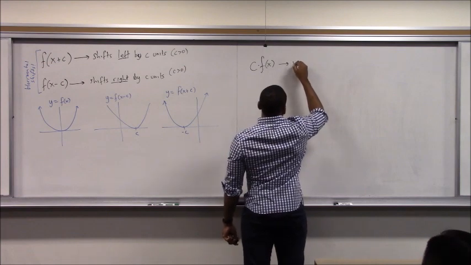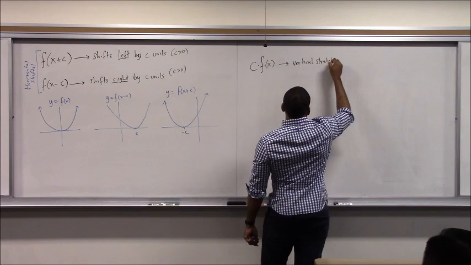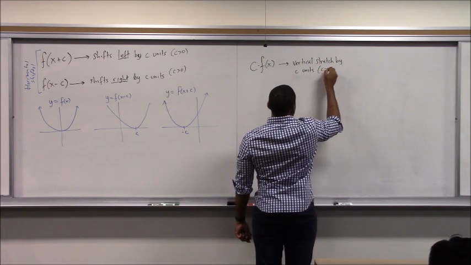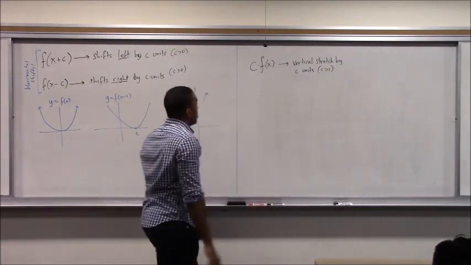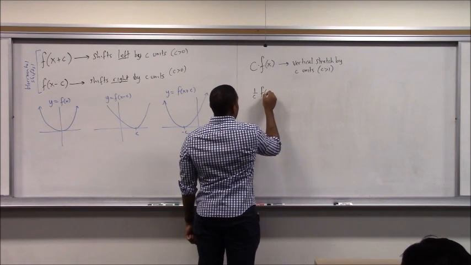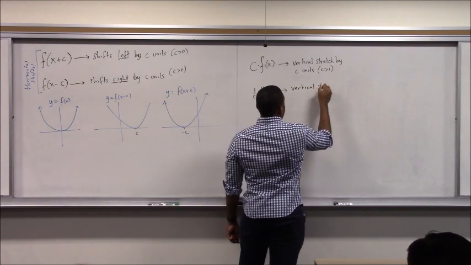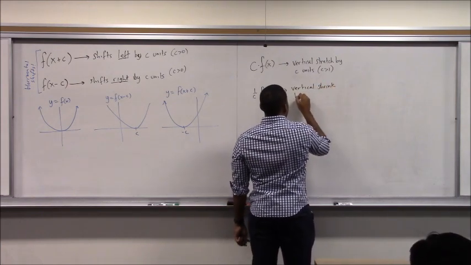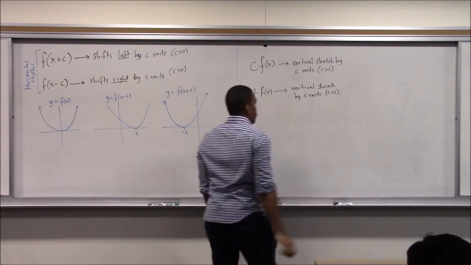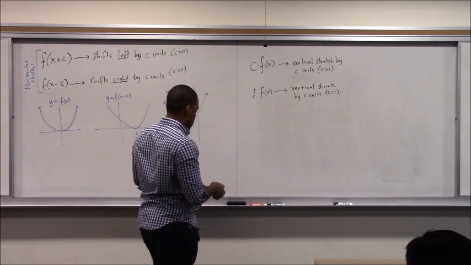This is a vertical stretch by c units, assuming c is bigger than 1. And if you have 1 over c times f of x, that's a vertical shrink by c units. So these are the stretchings and shrinkings.